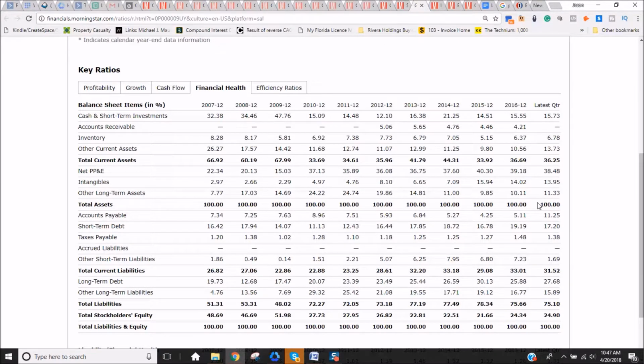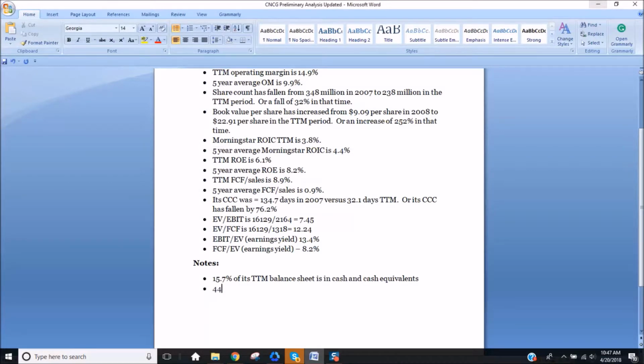Was about 44%. 44. Let's go 45 because you round up.